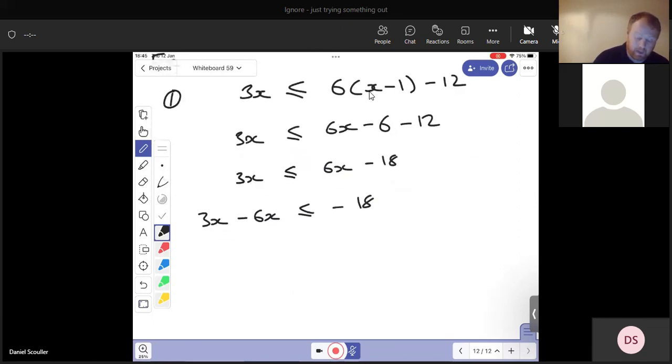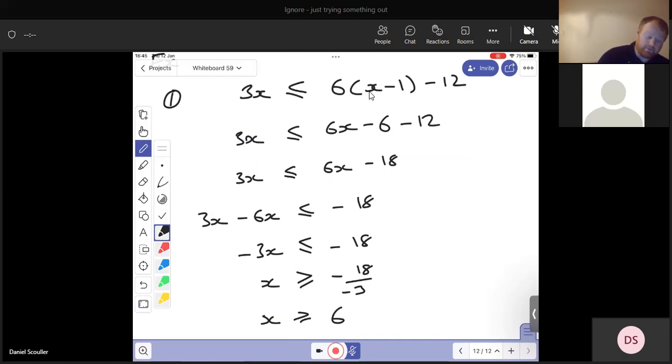Tidying that up, negative 3x. And then we want to leave x on its own, completely on its own. Negative 18 divided by negative 3 would give you positive 6.